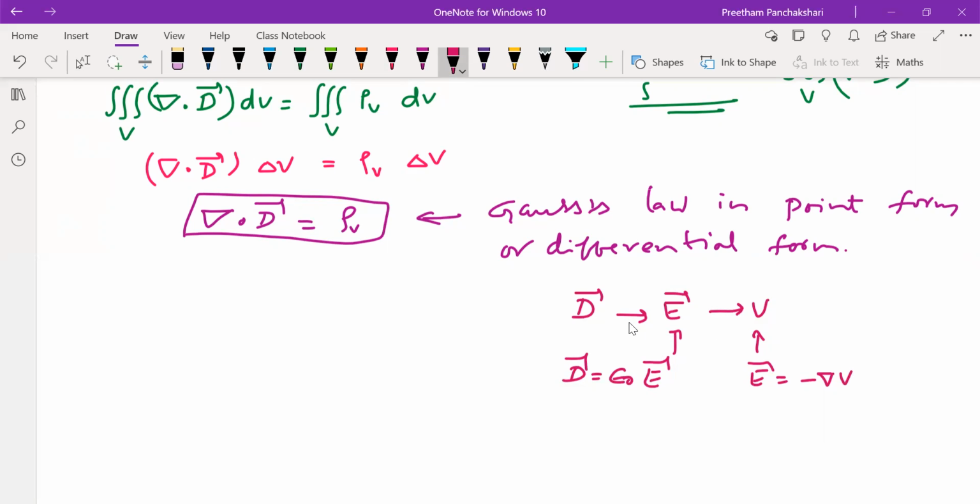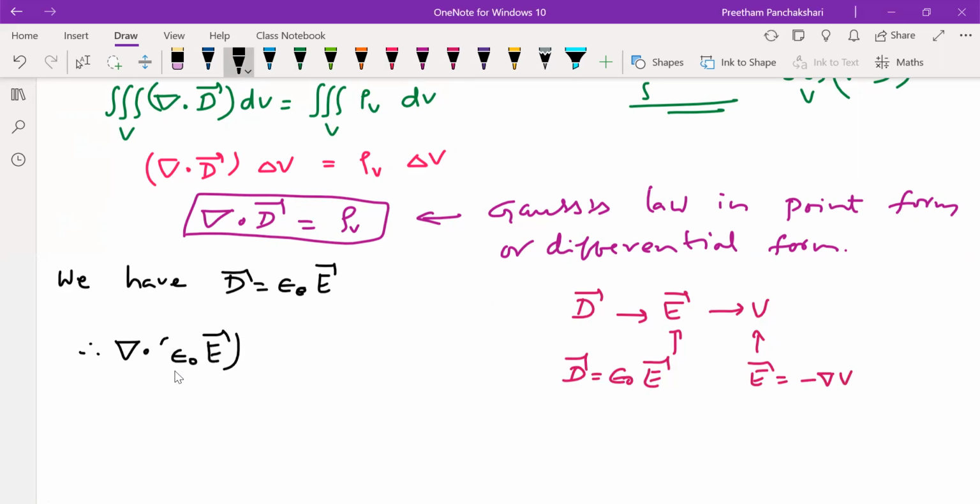So using these two equations, I can convert easily the D to V. So now, let us proceed here. We have D equal to epsilon naught E. Therefore, the Maxwell's equation becomes epsilon naught into divergence of E, which is equal to volume charge density.